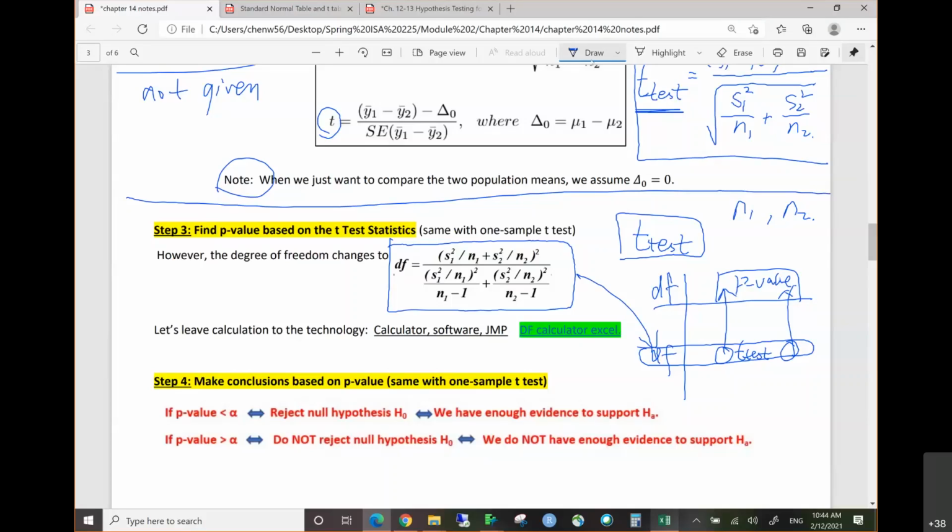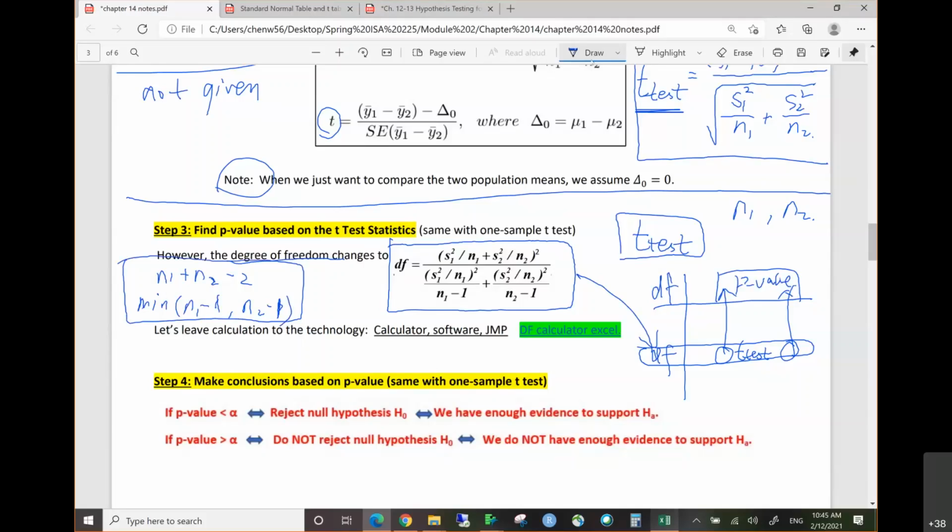You may see that for some books or some online videos, they use different degrees of freedom. I just want to let you know. Some of them use N1 plus N2 minus 2. Some of them use the minimum of N1 minus 1 and N2 minus 1. Actually, they are not using the exact degree of freedom.